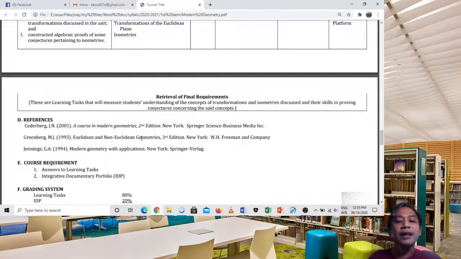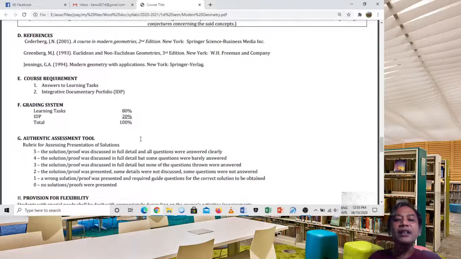And then for our grades, you would be graded based on only two criteria: the learning tasks and the integrated documentary portfolio.